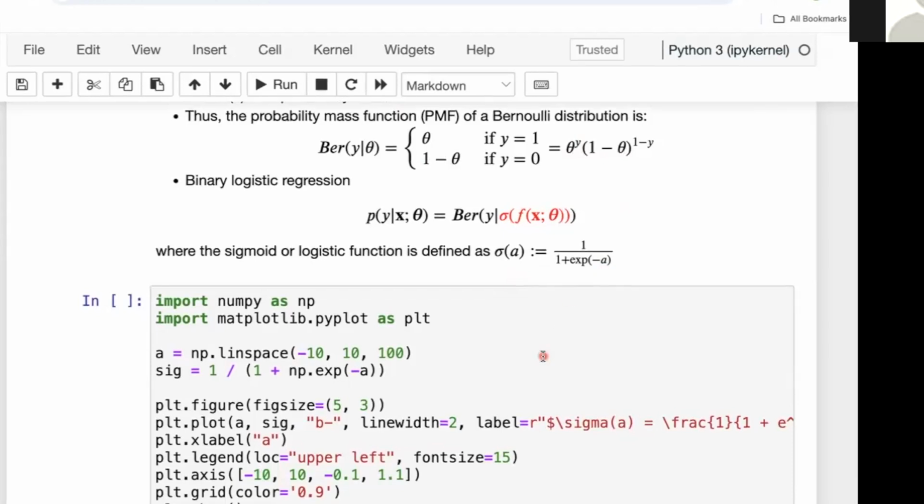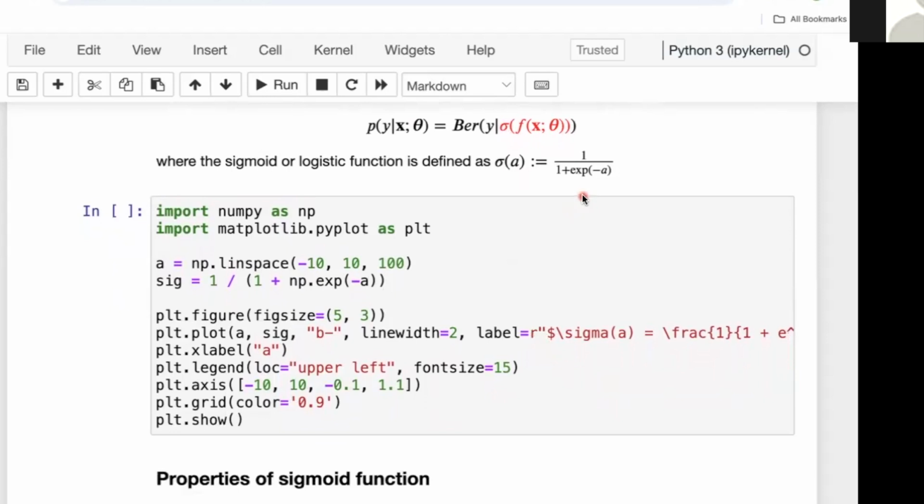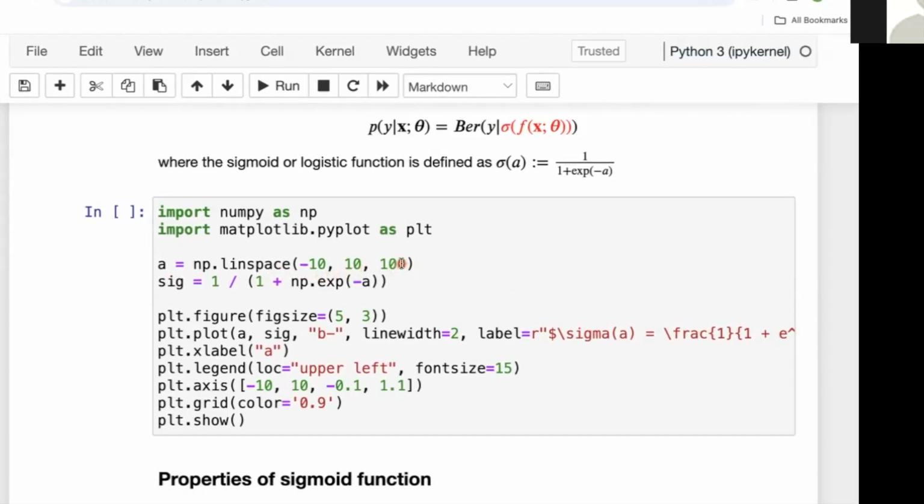But since this is also a course where we use a lot of programming tools, let's visualize this function to see what it does. We have to provide some values for this input a, and then put it into this function and see what the outputs are, right? And that's exactly what we do here. Let's say we want to plot this from -10 to 10, and we choose 100 equally spaced points.